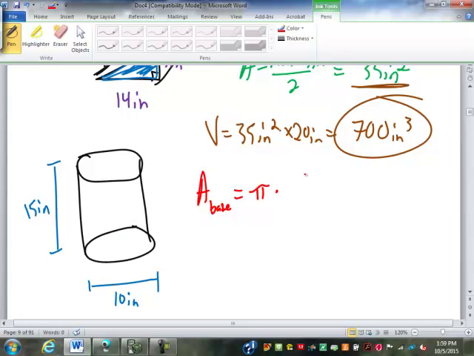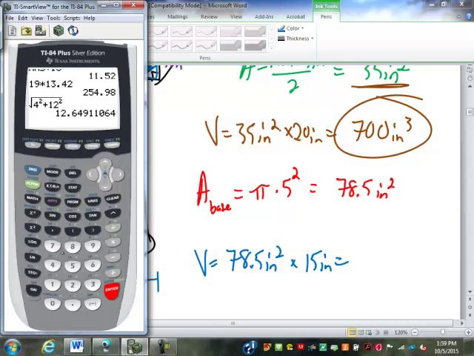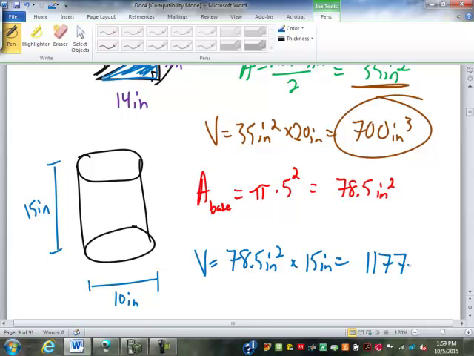It's going to be pi times 5 squared, pi times radius squared, so about 78.5 square inches. So the volume will be the 78.5 square inches times 15 inches, which gives us 1177.5 inches cubed.